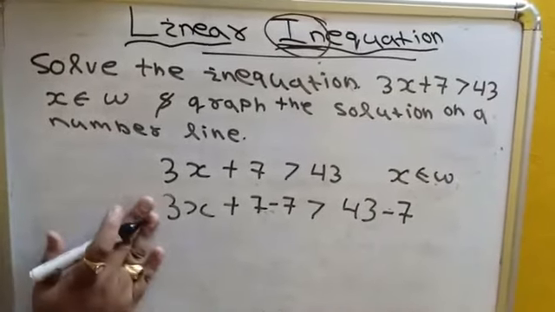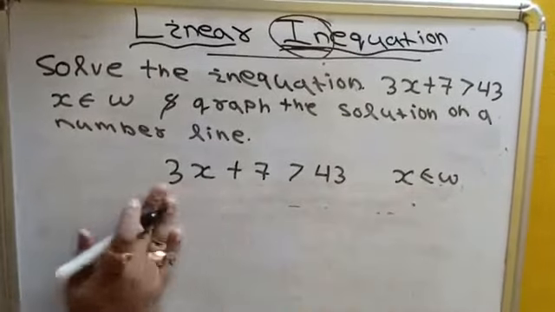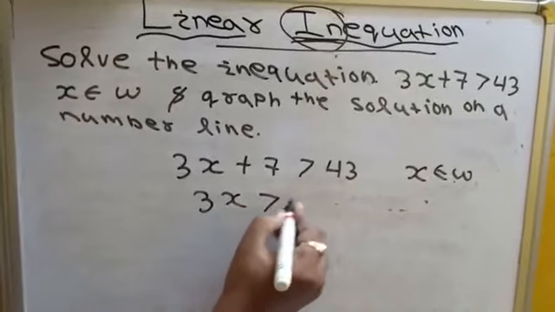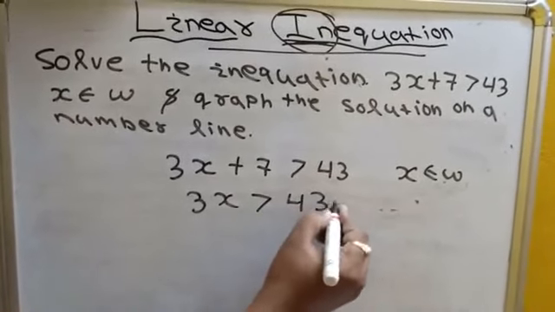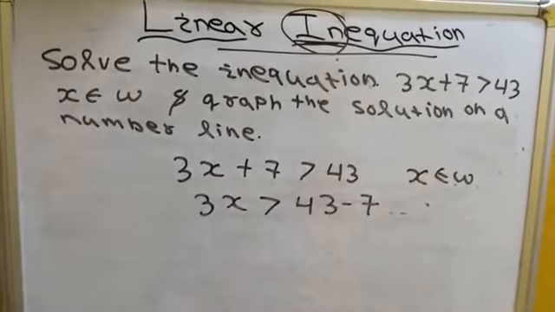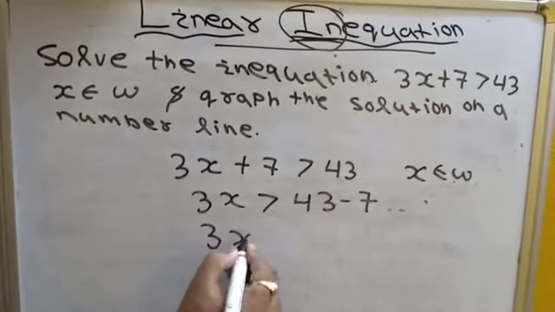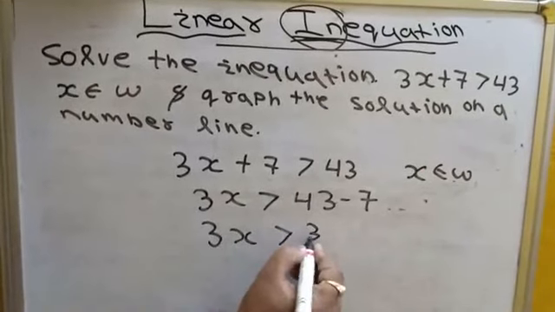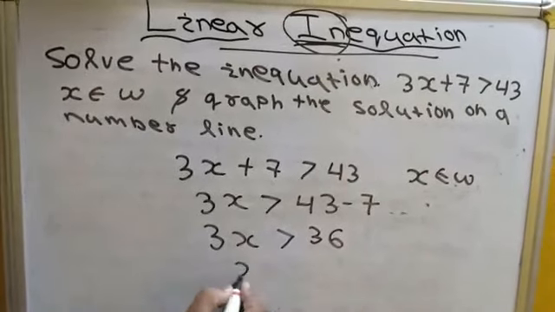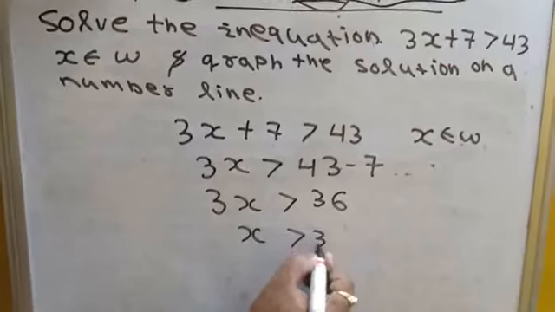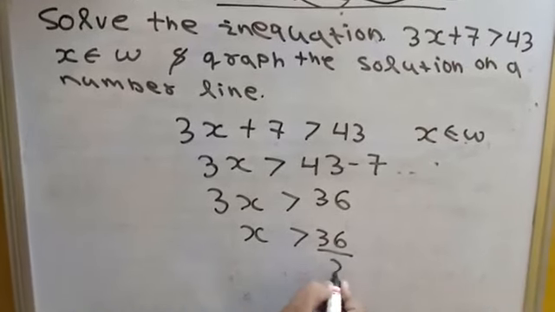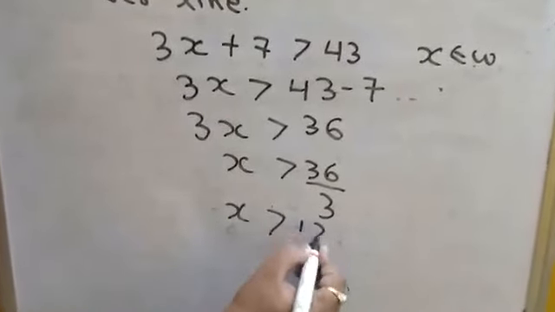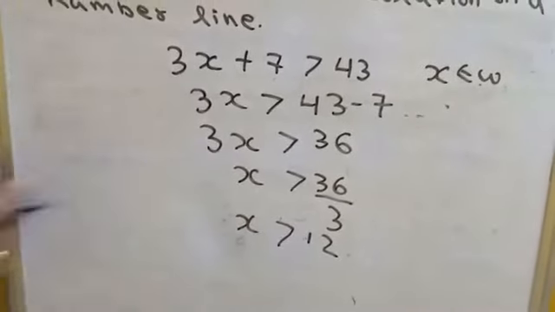Generally you write 3x greater than 43 minus 7. 3x greater than 36. So x greater than 36 by 3. Therefore x greater than 12.